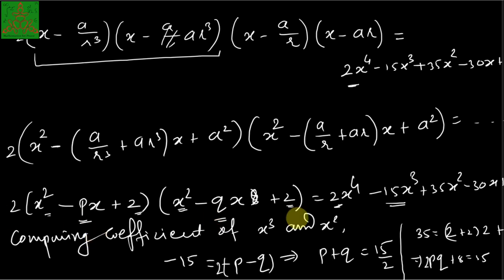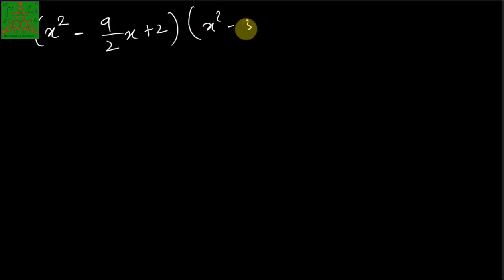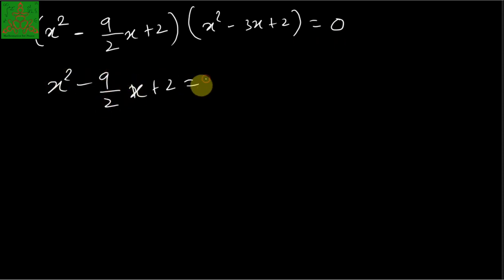then we will have the roots of our polynomial, because these are the unknown things we can have. Therefore, this is 2 into x square minus 9 by 2 x plus 2, x square minus 3x plus 2 equal to 0. This equation is equal to 0, that means x square minus 9 by 2 x plus 2 equal to 0, or x square minus 3x plus 2 equal to 0.